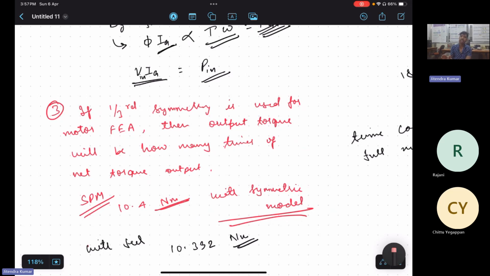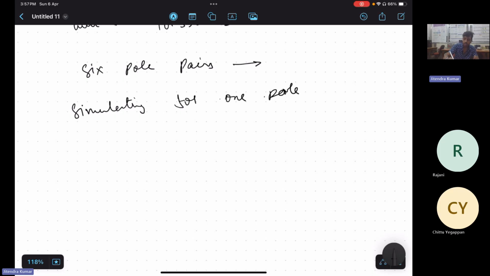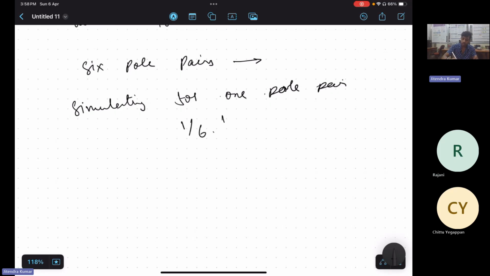No matter how much scaling you do on the symmetry, let's suppose you have six pole pairs and you are simulating for one pole pair only, which means one sixth. So you are simulating a 1 by 6 model, but still you are going to get the exact same or approximately same value as by simulating the full machine.